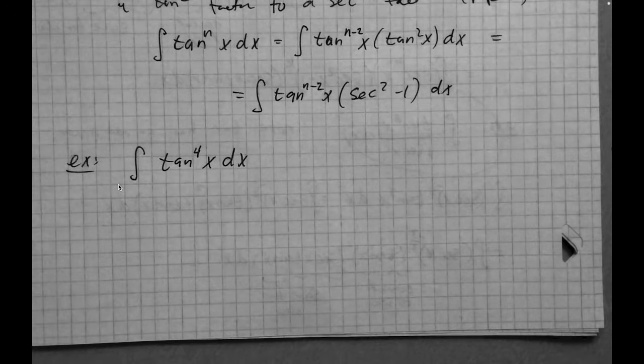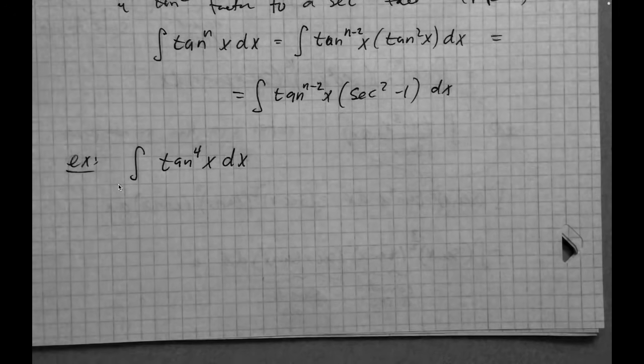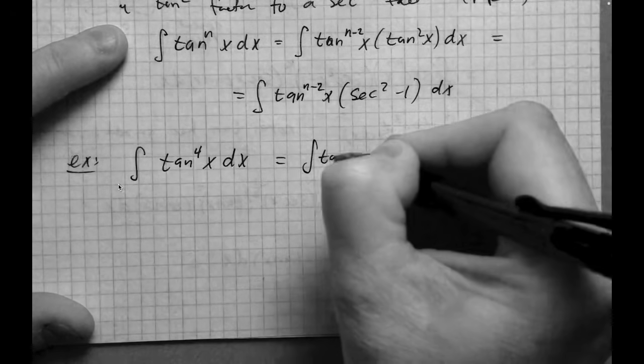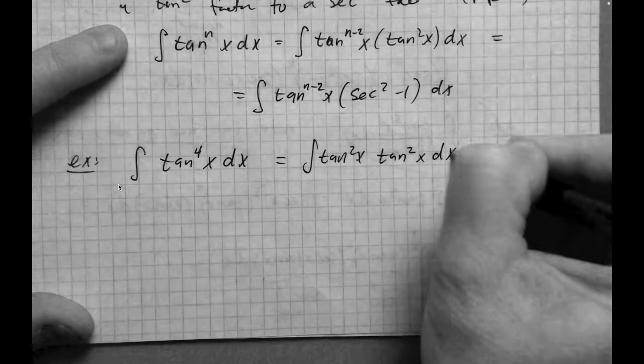Okay, so note the power here obviously is even, and there are no secant factors. So what we're going to do then is we'll just start with this guy and we'll write it as tan squared x times tan squared x dx.